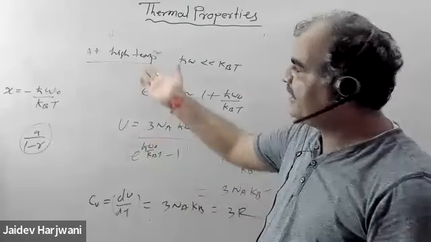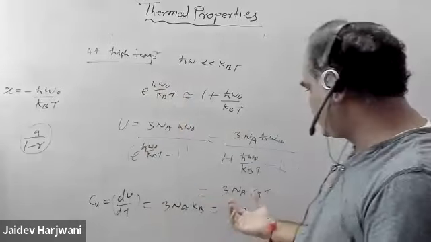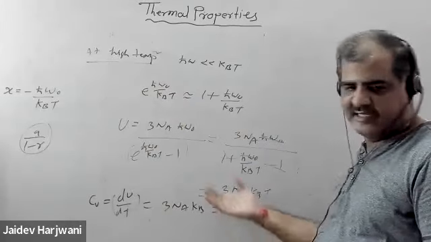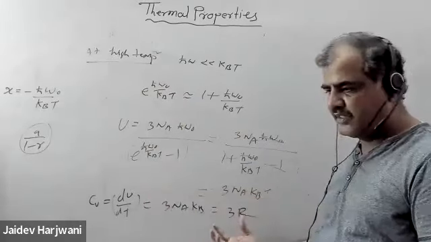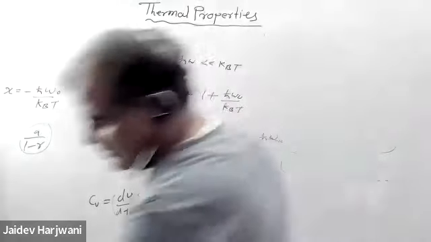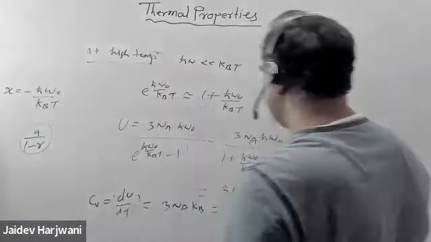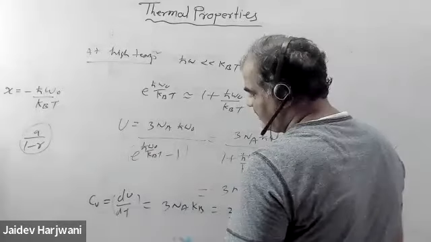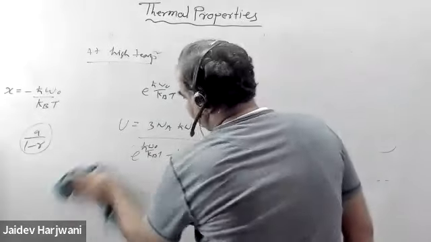Now I applied the high temperature limit and got energy equal to 3Nk_BT. I differentiate with respect to temperature and got 3R. This is what we get experimentally, so the Einstein model is able to explain the specific heat at high temperature.